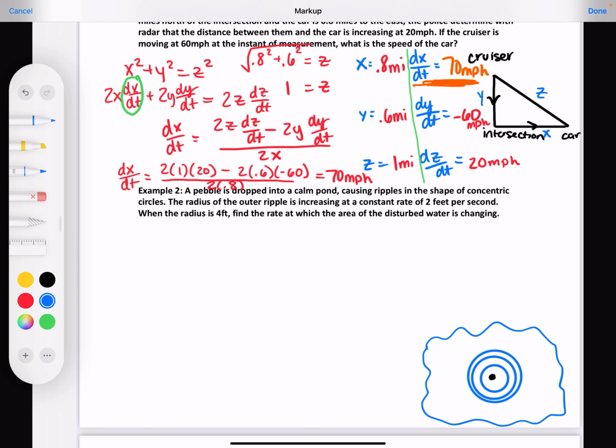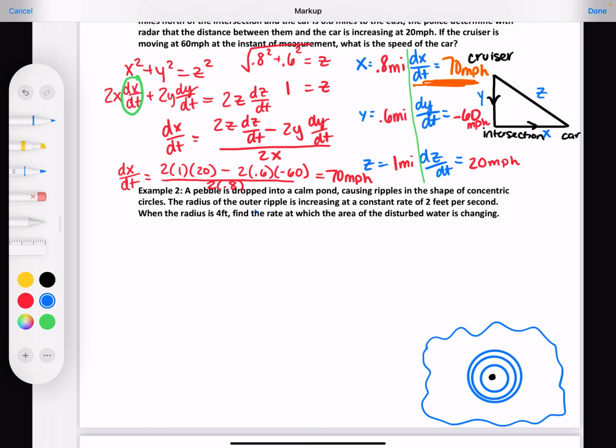Well, they're not perfect, but you get what I mean. These little ripples, and as they go out, these rates are occurring. So the radius of the outer ripple is increasing at a rate of 2 feet per second. And then when the radius is 4 feet, we want to find what the rate is.